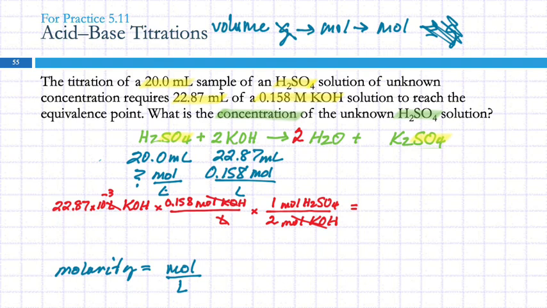So 22.87 times 10 to the minus 3 times 0.158 divided by 2. 0.0018067 moles of H2SO4. I could go on and find the grams, but that's not going to be useful.